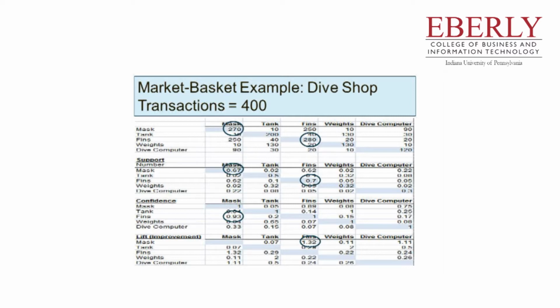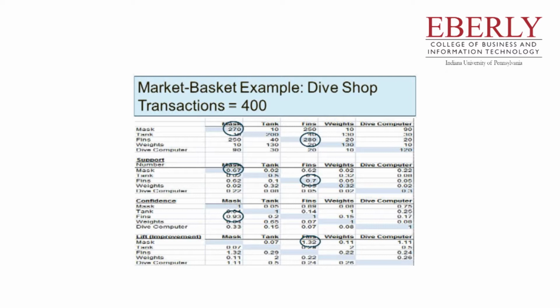The 90 under dive computer means that 90 of the 400 transactions included dive computers. Because 270 of the 400 transactions were masks, we can estimate the probability that a customer will buy a mask to be 270 divided by 400, or 0.675.